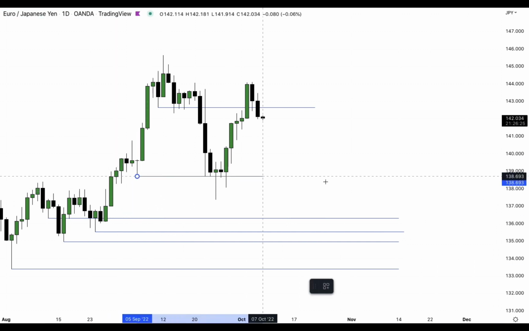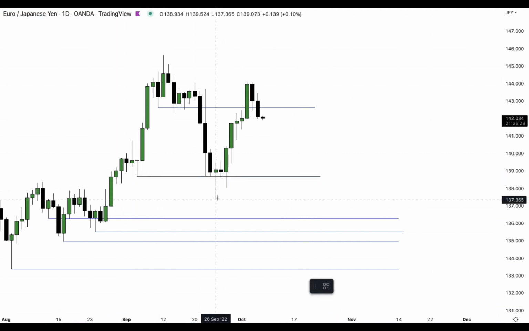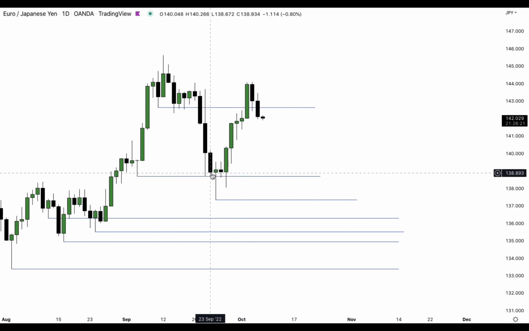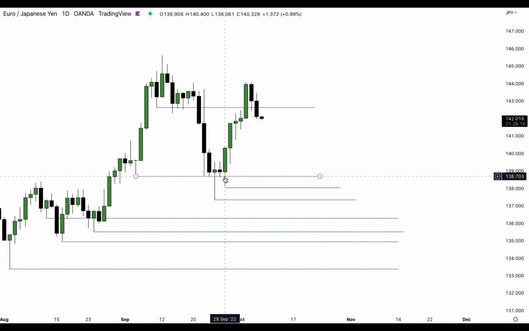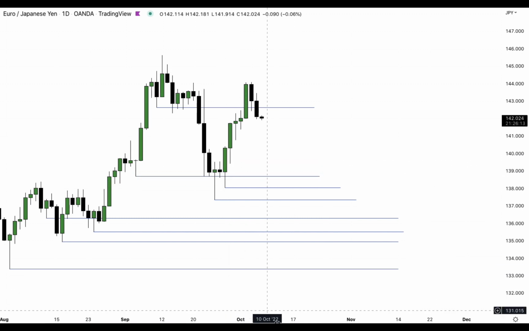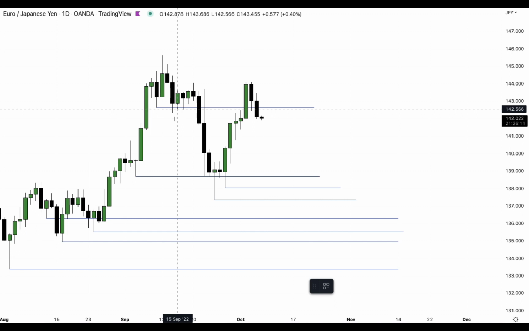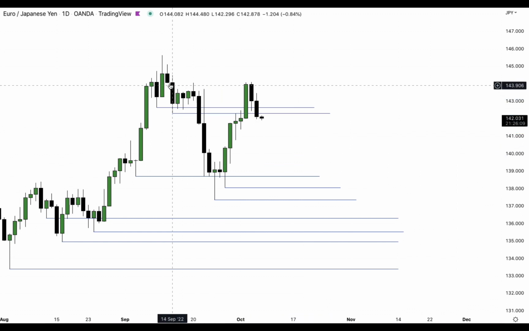We got a swing low here. We got one here, 1, 2, 3. We got another one here. Look at that closely, 1, 2, 3. That's the swing low. You got one in here. 1, 2, 3. That's the swing low here as well.